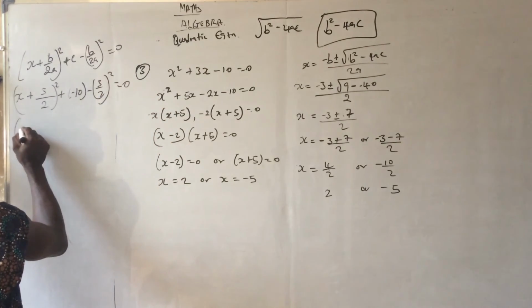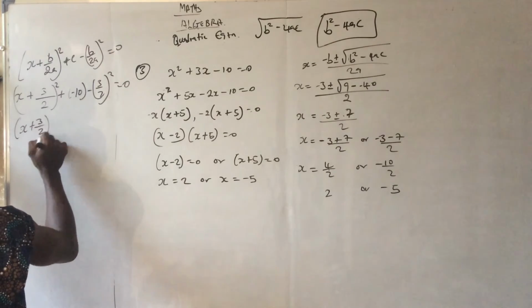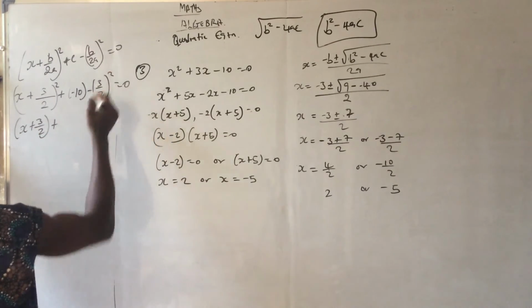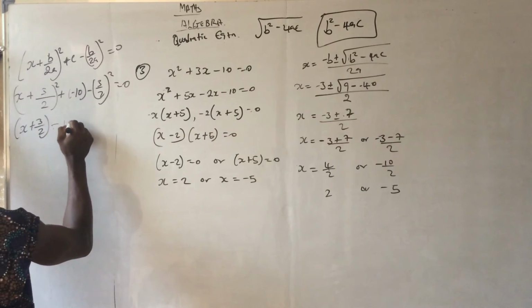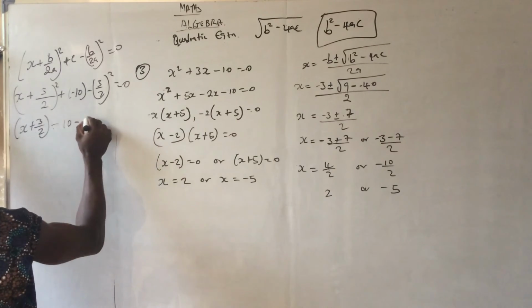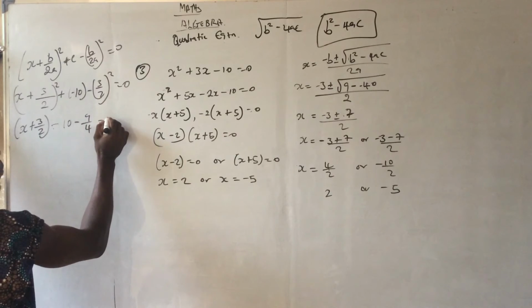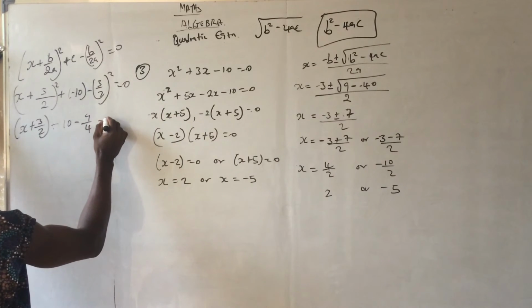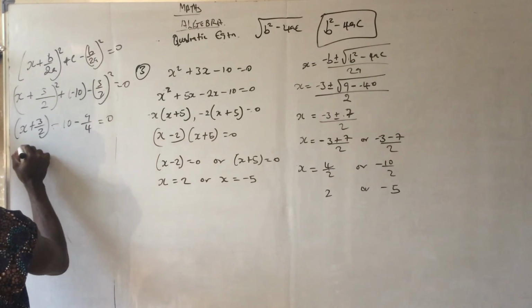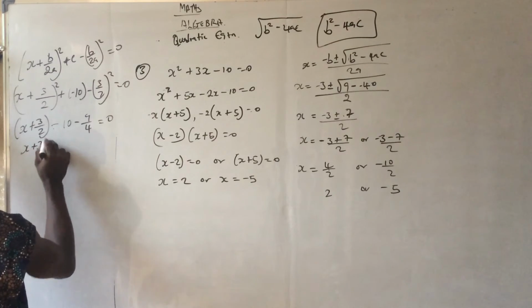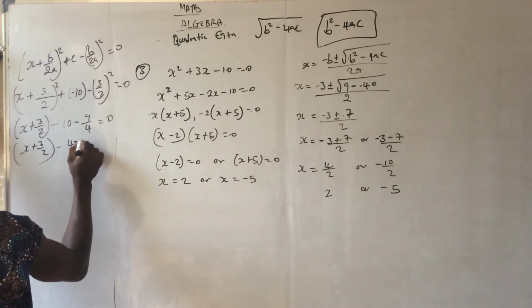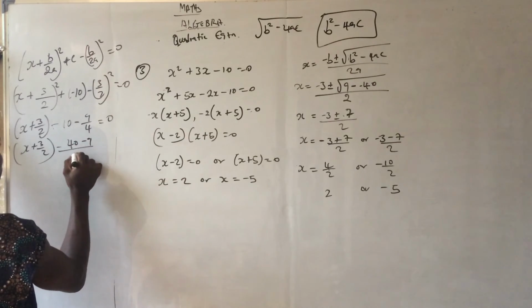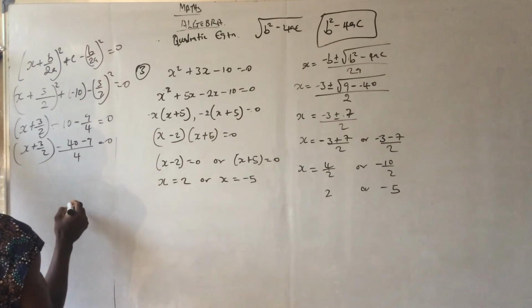So I'm going to have x plus 3 over 2 squared, this is 9 over 4, minus 10 minus 9 over 4 is equal to 0. So I now have x plus 3 over 2 squared minus 40 plus 9 over 4 to be equal to 0.